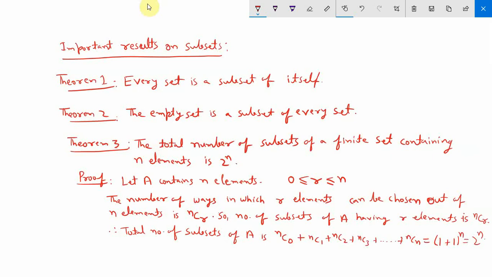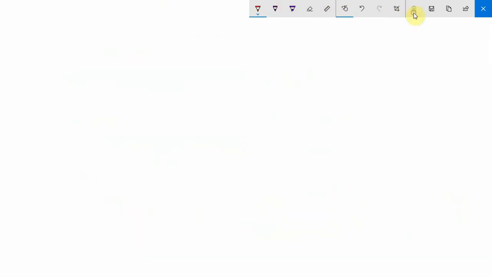Next, based on this, we can write a note about two finite sets having m and n elements. But first let me clean this, and we will solve a problem based on this.